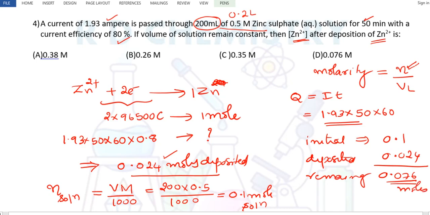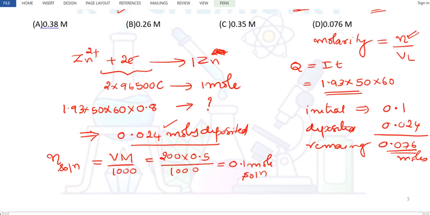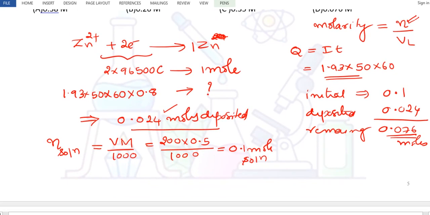Now we have to calculate the molarity of the remaining solution. Molarity is equal to the number of moles present in the solution now, 0.076, divided by the volume of the solution, 200 ml, that is 0.2 liters.